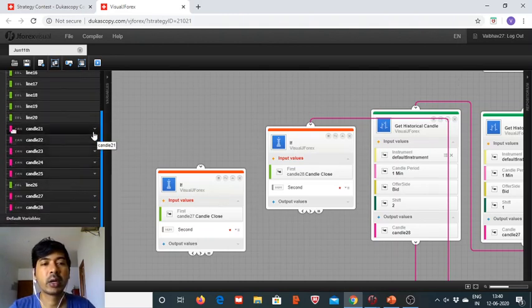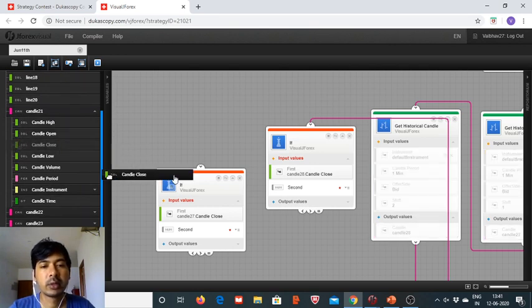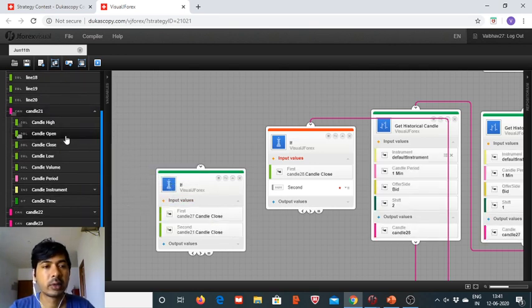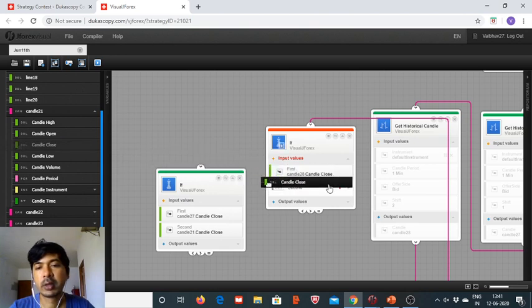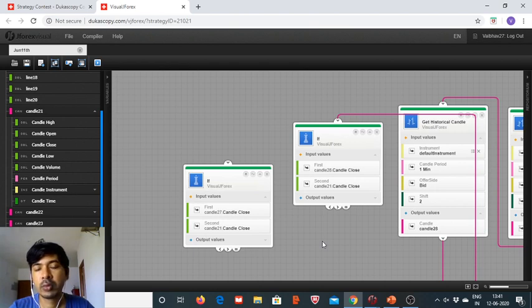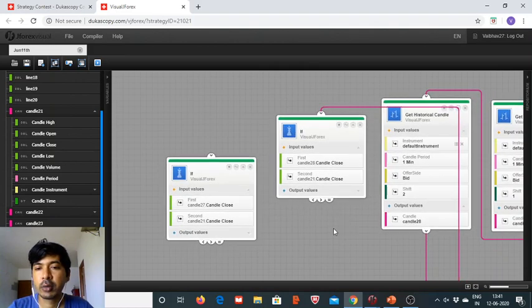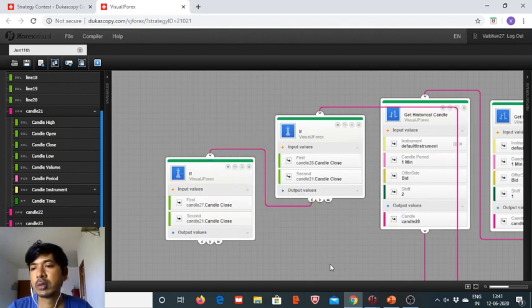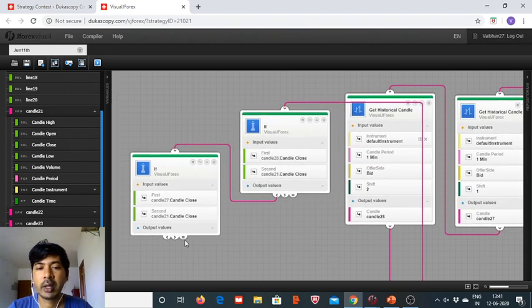So we take into account candle 21 closing levels. Here it comes, candle close, and we have to get this right. Candle 28's closing level should be less than the candle 21's close, and then the candle 27's close should actually be greater than the candle 21's close.